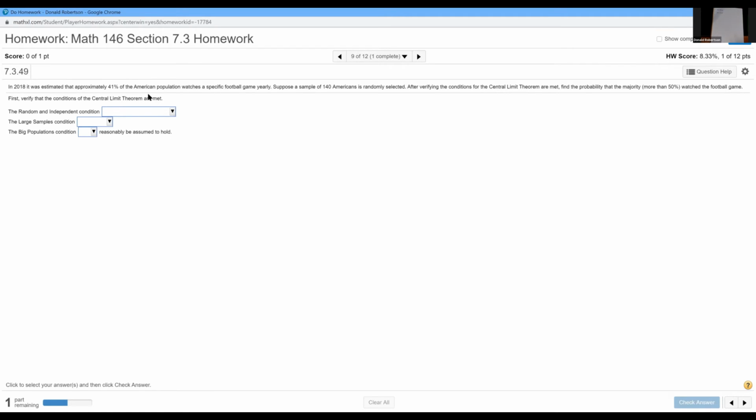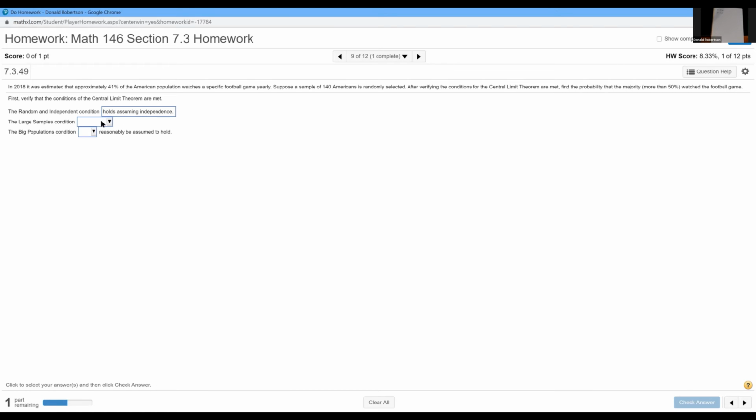And they're going to then go in and do all the usual rules connected to that question. So let's say random and independent. I'm pretty sure that they've randomly selected them. So since they said that, I'll say that holds, assuming that they're independent.